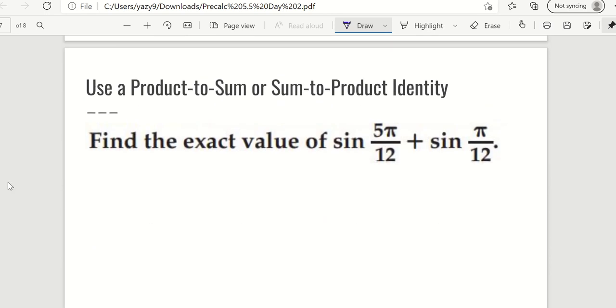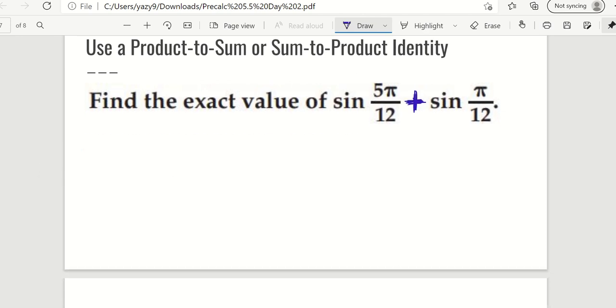All right. So this one, you are going to take that sum and find the value, okay? So let's look at the rules that are associated with this one.